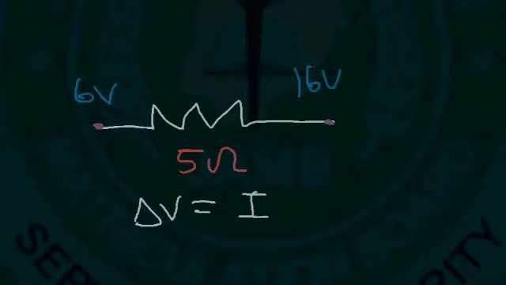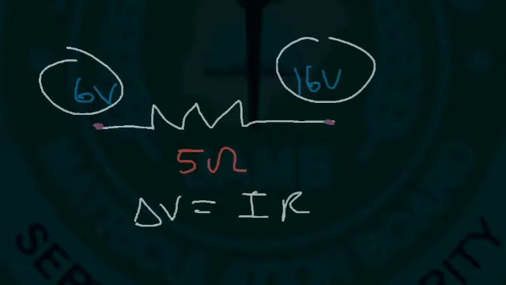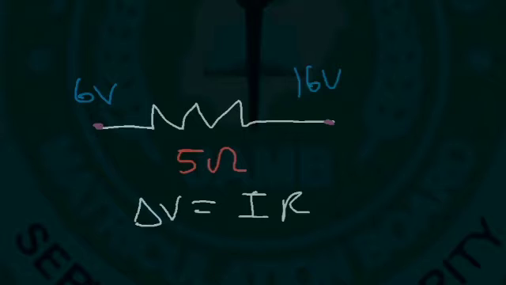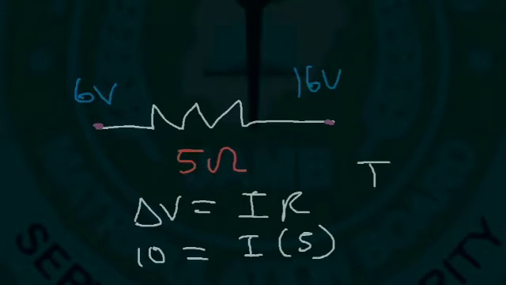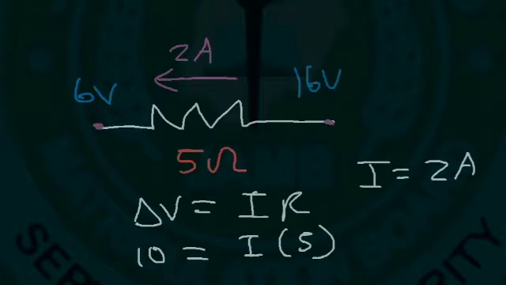The change in voltage is 16 minus 6. So we have 10 volts across the 5 ohm resistor. So delta V is 10. The resistance is 5. 10 divided by 5 is 2. So the current that flows through the resistor is 2 amps. Now conventional current flows from high voltage to low voltage. So in this example, it's going to flow from right to left, to the side with the lower voltage.